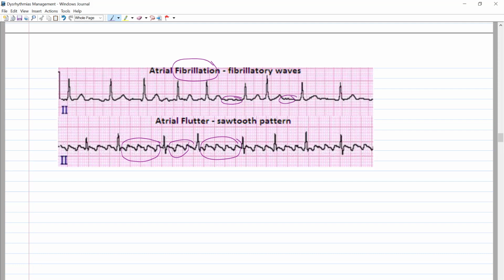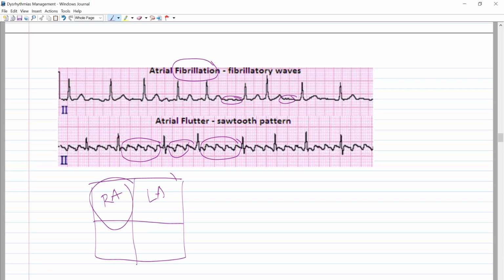Before we get into that, keep in mind, when you imagine your patient has AFib and A-flutter, let's draw the right atrium and the left atrium. What's happening in the atria here? They are quivering. So if they are quivering, the blood in here that's supposed to go to the ventricles is not going to the ventricles fully.